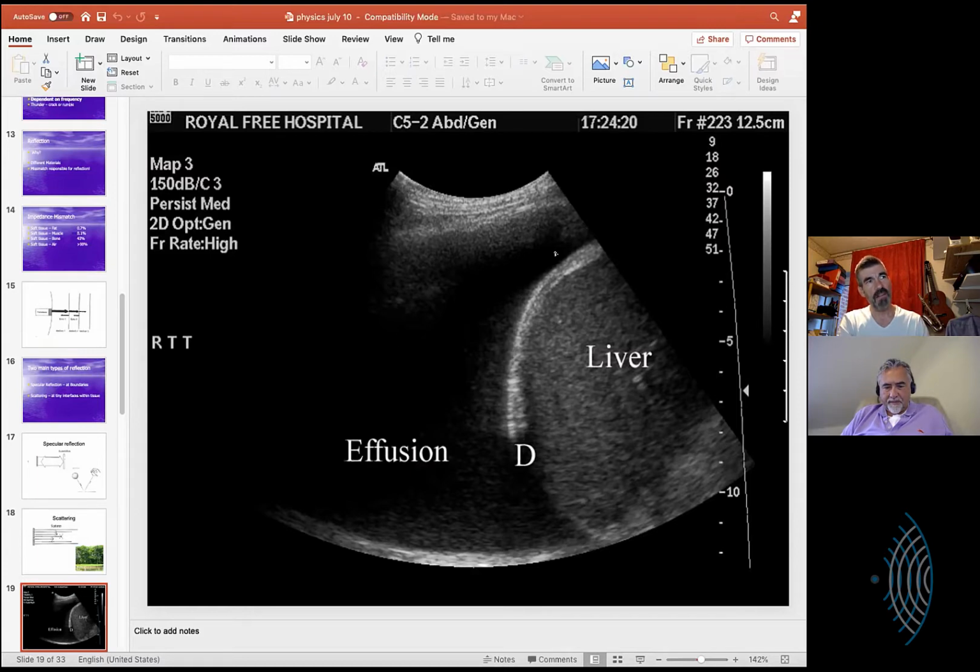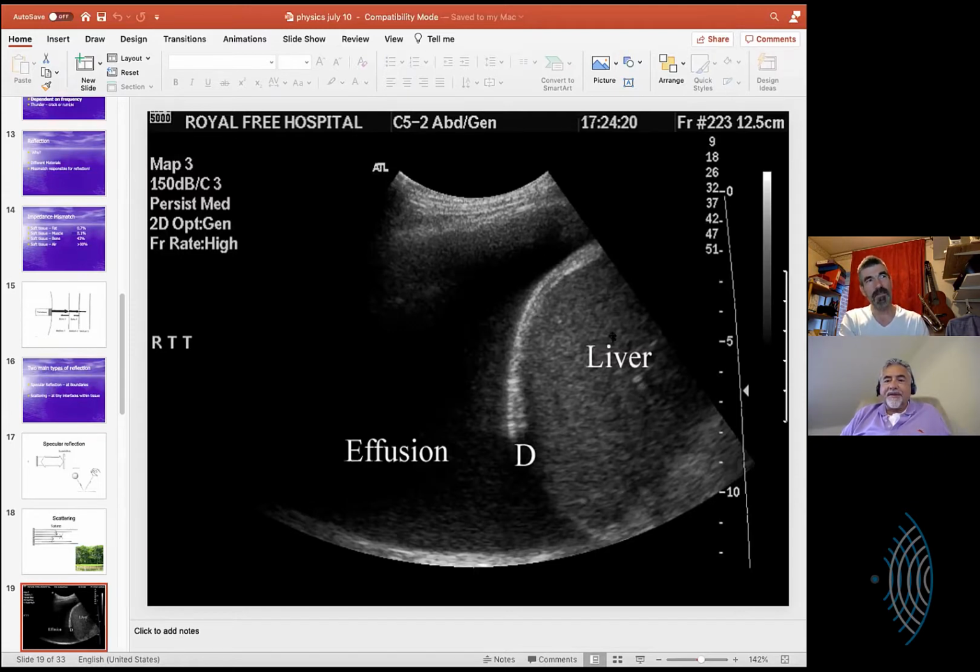So the edge of the diaphragm is a nice bright line because it's a wall reflector, and the sound is going from the fluid to something with a different density, so you get a clear demarcation line. Superior left, inferior right, or caudal, what is it, rostral left, caudal right? The top is on the left side of the screen. Yes. Okay. On the right side of the screen.